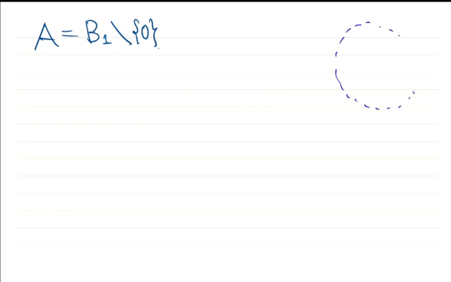Okay, let's examine some examples. Suppose A is the unit ball, removing the center, which is the origin. This is our A, but the center is removed.